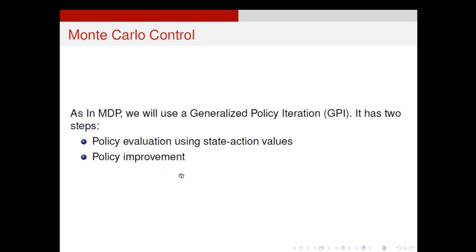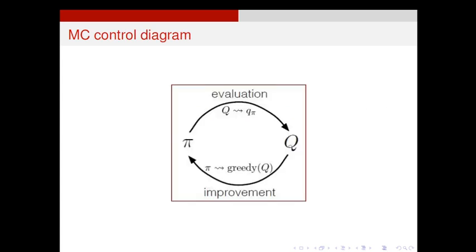The next step is policy improvement. We repeatedly do it. We get a better policy, and so we get the optimum policy and optimum state value for the given model. So this is our GPI, generalized policy iteration structure. I start with an initial policy pi. Then using this pi, I calculate an approximate value of q pi.